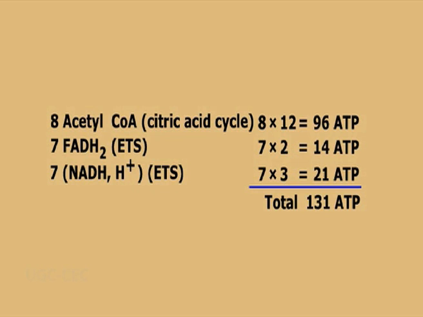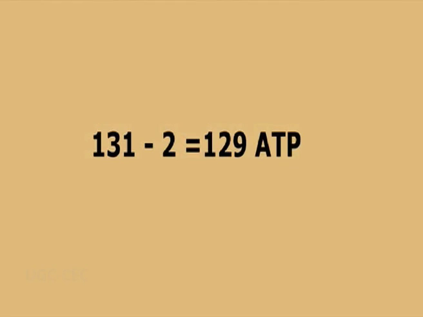So, the total production of ATP is 131. From this value, we must subtract 2 ATP equivalents expended in beta oxidation. Thus, in terms of net yield of energy rich bonds, beta oxidation of palmitic acid is 129.